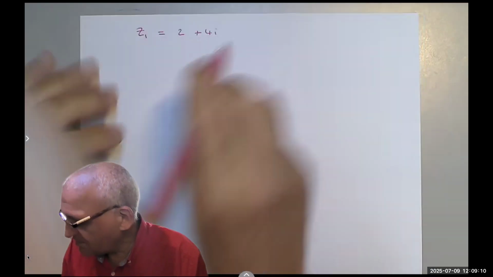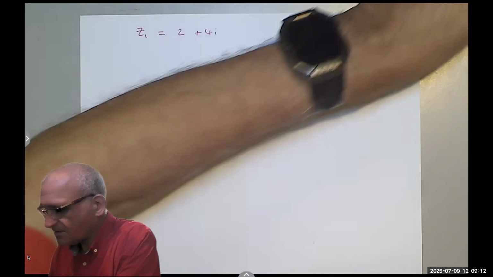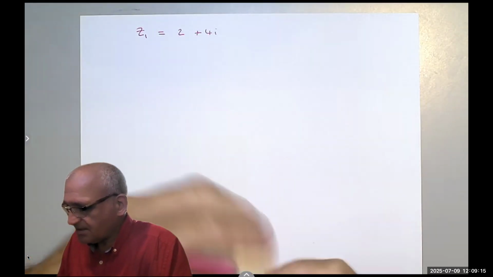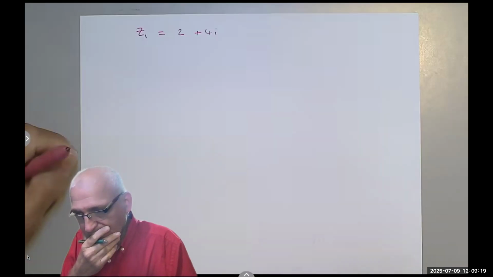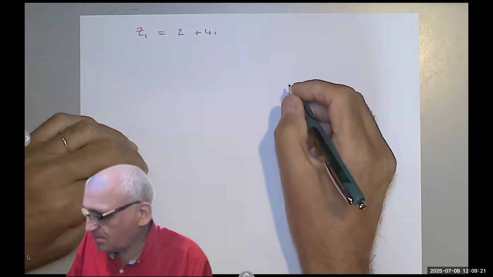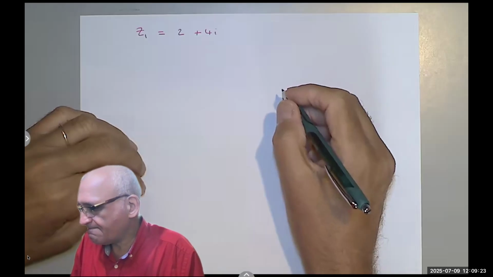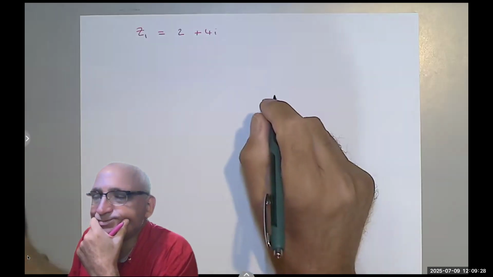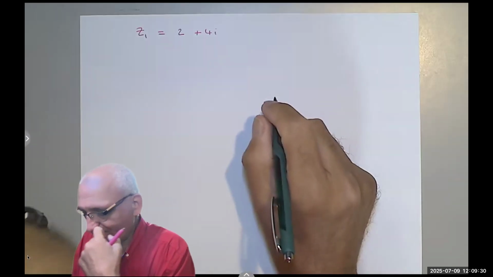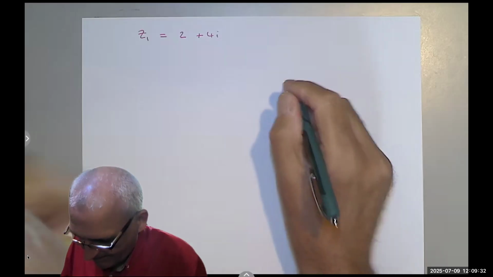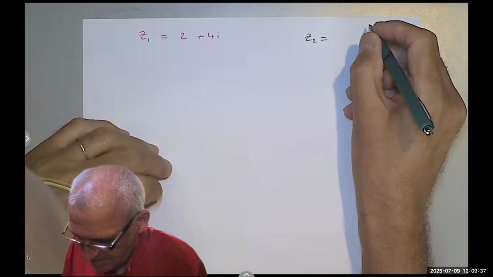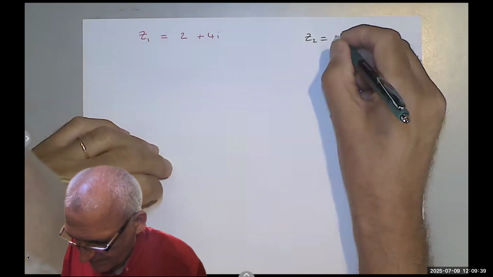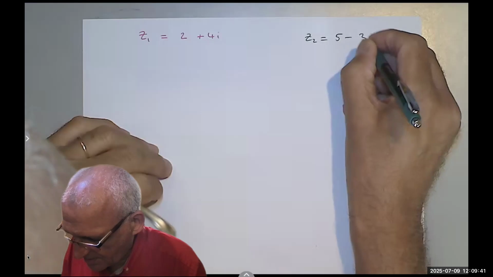And then the second one, Z2, I'm going to make 5 minus 3i.